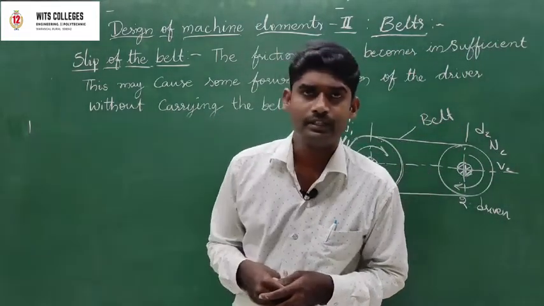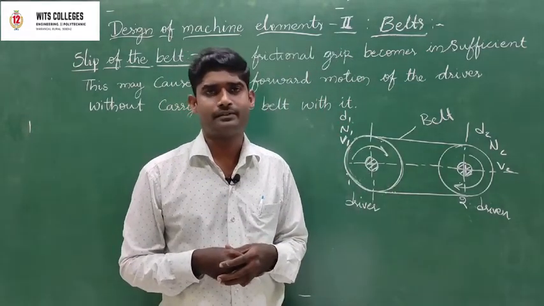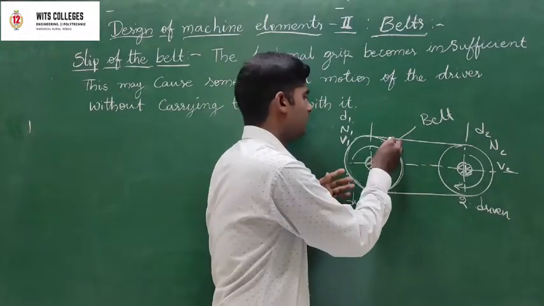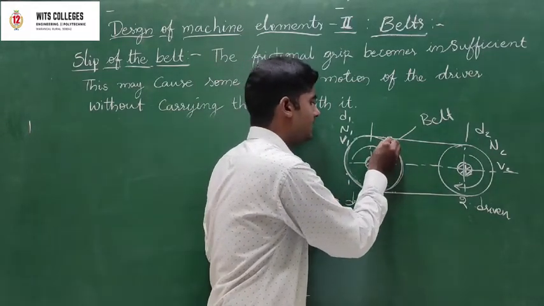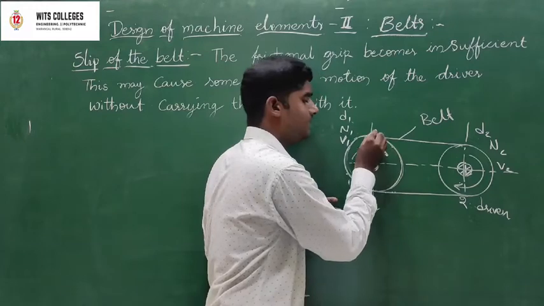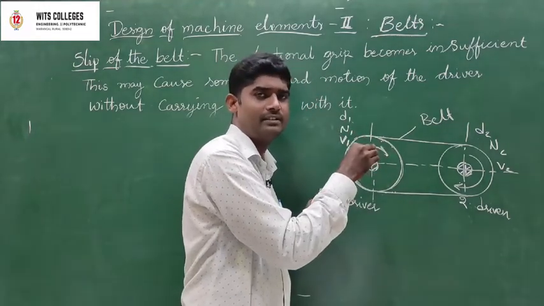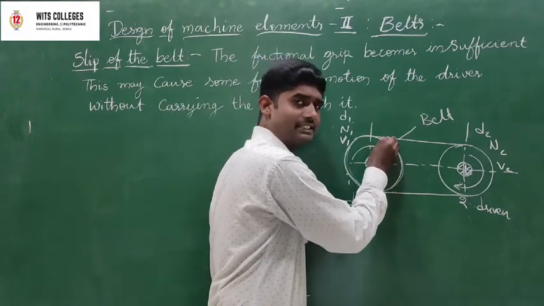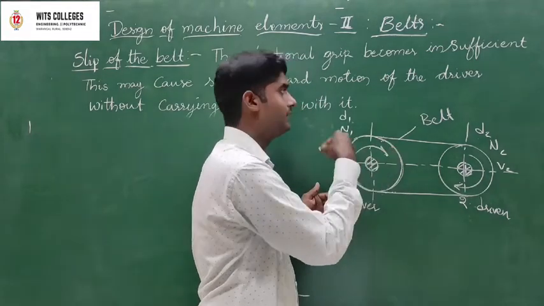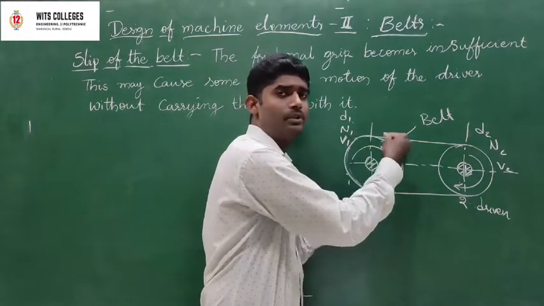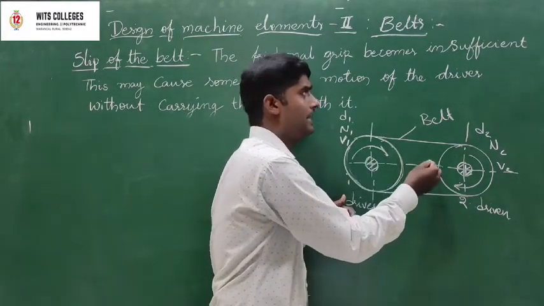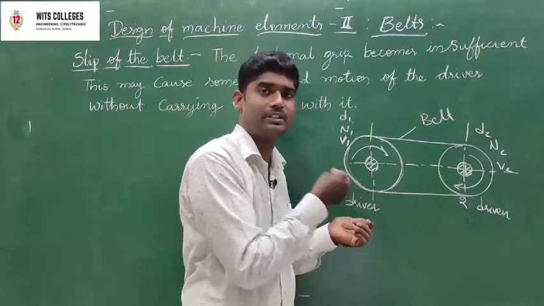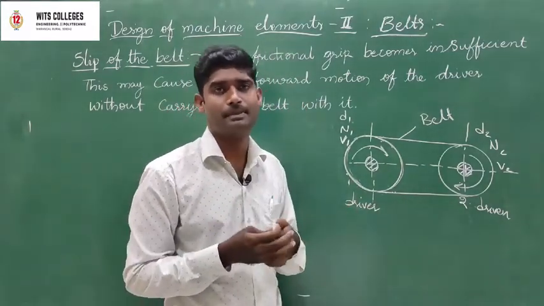That is called slip of the belt drive. If there is a frictional loss between the belt and the pulley, and the frictional grip becomes insufficient, then the driver moves forward without the belt, and that is called slip of the belt.